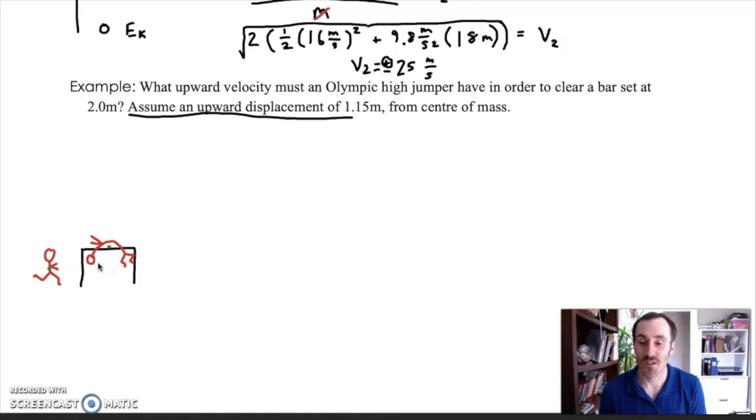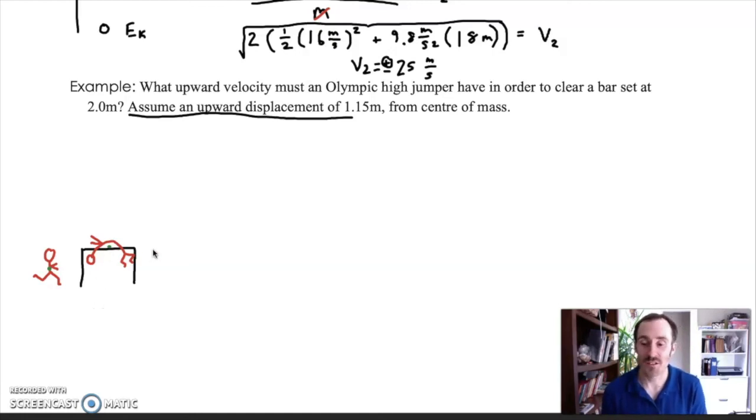Okay? So they have to raise their center of mass just high enough to get them over the bar, but that doesn't mean that they have to raise their entire body that high, because by bending the body, you can change where your center of mass is, so it's actually located outside your body.